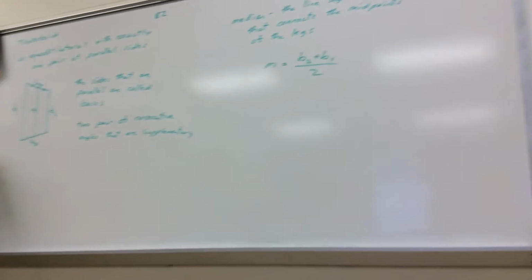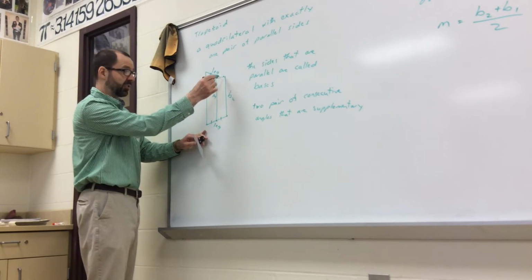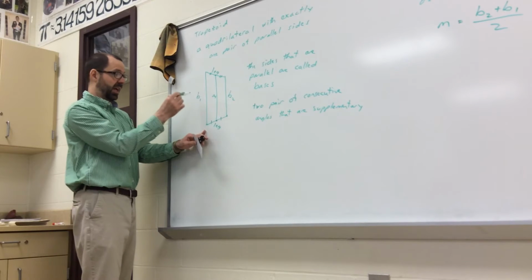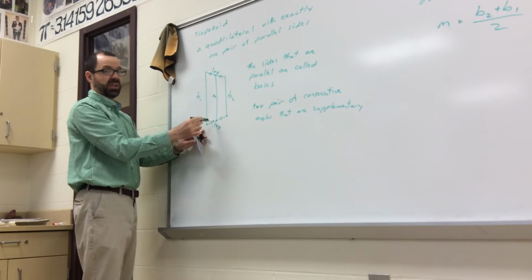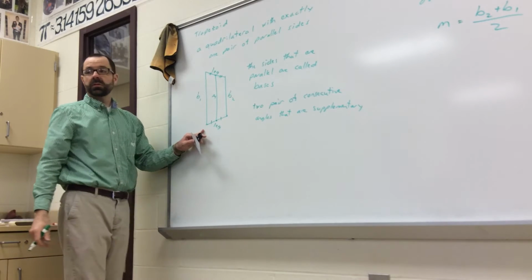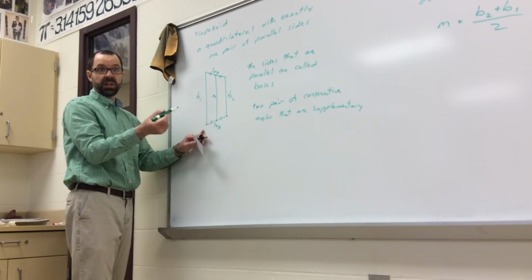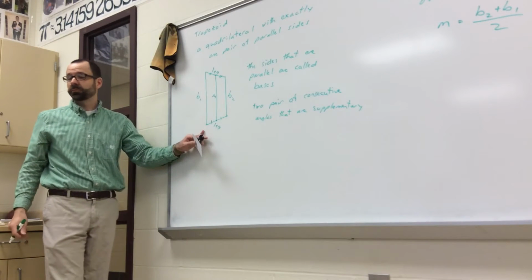So over here, you could measure this, see how many centimeters it is, measure this and see how many centimeters it is, and then add those up and divide by 2, and that would tell you how long the median was. You wouldn't have to measure the middle one, the median. You could just measure these and add them up and divide by 2.